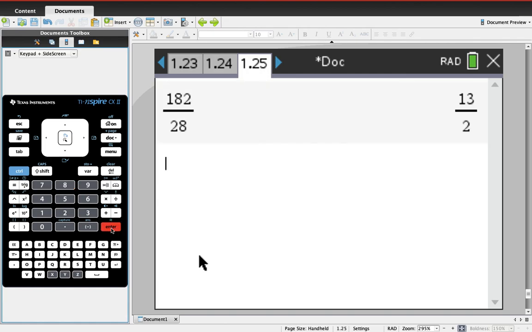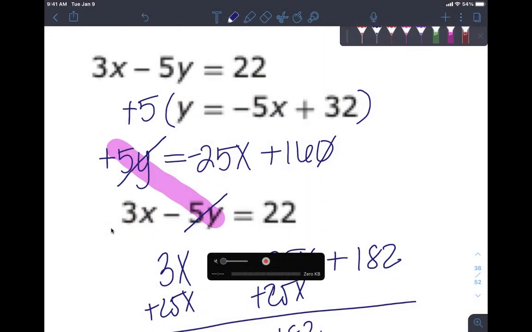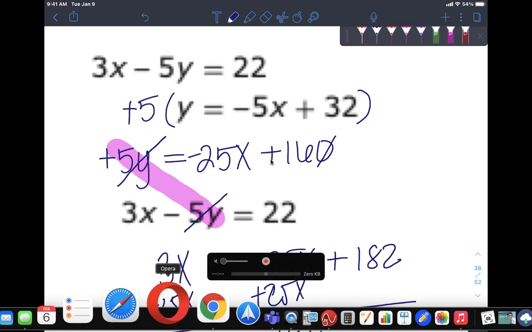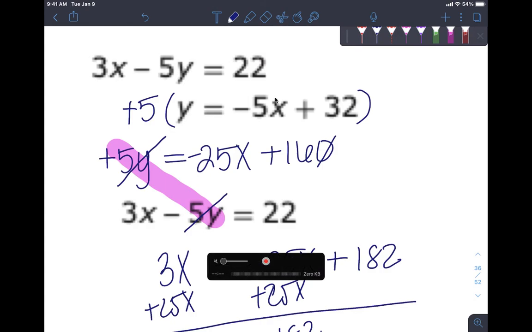And it's 13/2, which is approximately 6.5. All right, so what I want to do now is a linear solve to verify that my answer is correct. Remembering that I could have earlier just moved this 5x over and continued with the process, I would have got the same exact answer if I moved it into standard form.